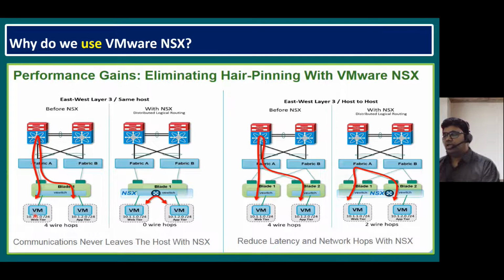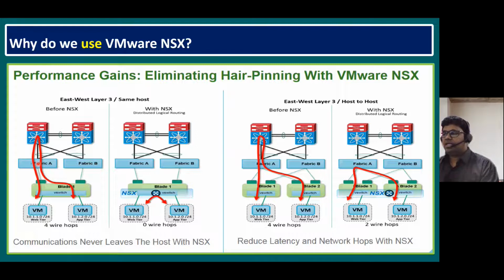So if you want to communicate from VM1 to VM2, both VMs are running on the same ESXi host. Even though they are running on the same ESXi host, the connectivity goes through the virtual switch or distributed switch. From the ESX, we have network connections. Two network ports are connected, one network going to one switch.